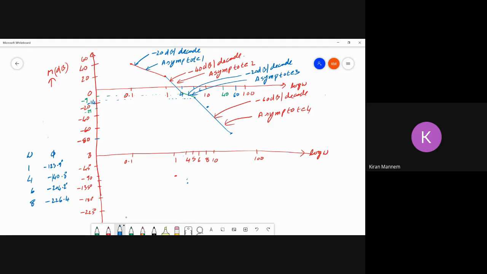At 5 and 6, it is 204, almost here. At 8, that is 226, that is here. Okay.